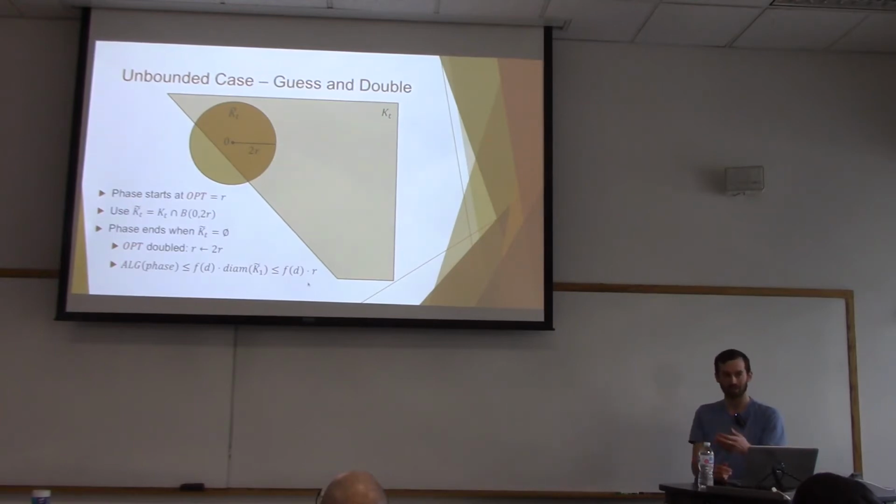And since I'm doing this within a doubling framework, the only real phase that matters is going to be the last one, and I'll end up paying order of f of d times whatever opt is paying at the end of the day. So this is one of the most important slides in the talk to make sure you understand for going forward. Any questions on how this reduction is working and how the doubling works?